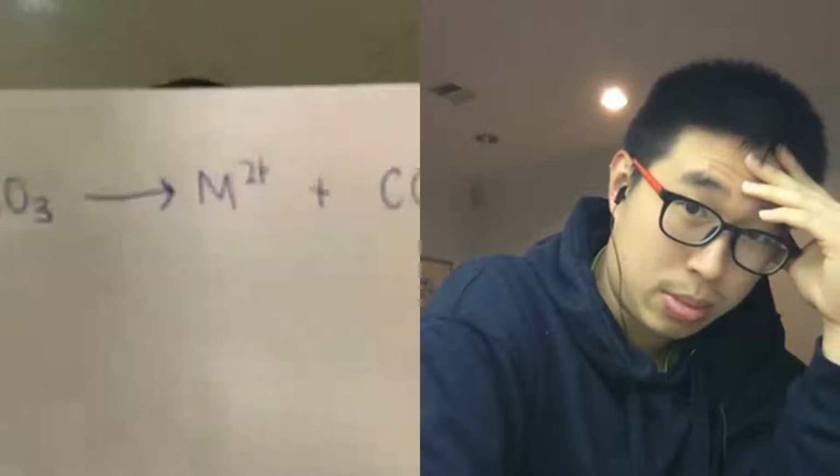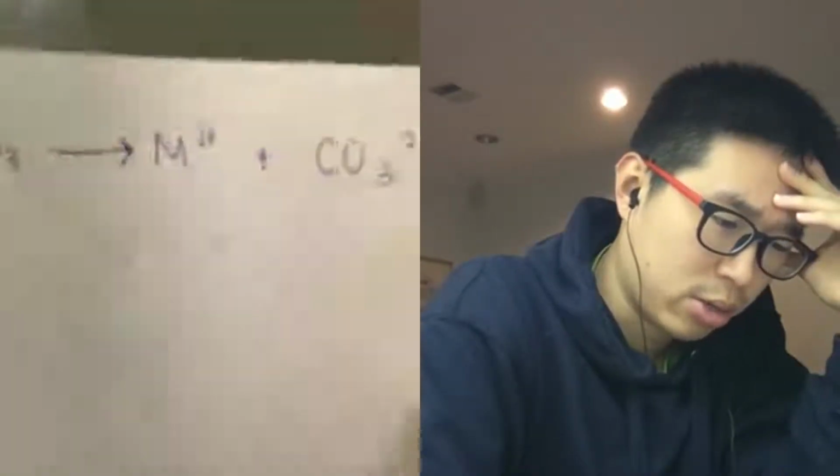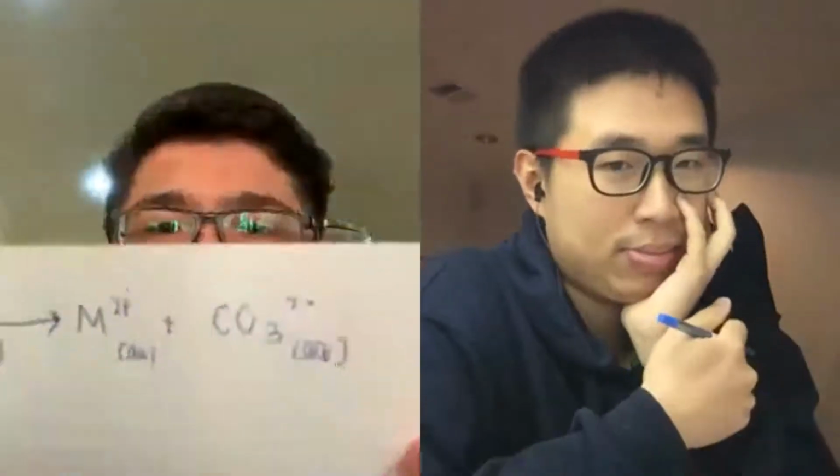MCO3 becomes M2+ plus CO3 2-. Okay. We are talking about dissolving something, right? So dissolving in water. Do you want to label the state symbols so that we are clear, because in energetics, these things are very important.